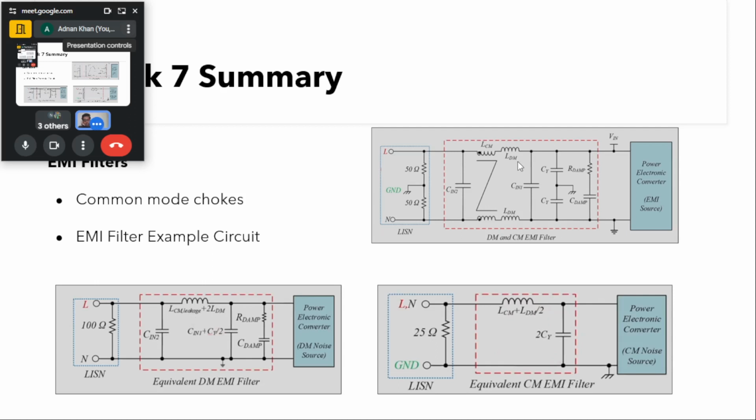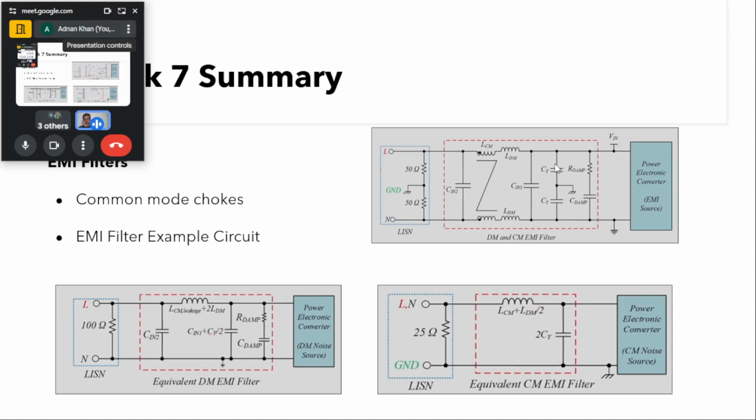And you can see whatever current is coming to the line is coming out through the neutral. So we can see this differential mode inductance can be lumped together, therefore, L plus twice LDM. And this differential mode current does not flow through the ground.